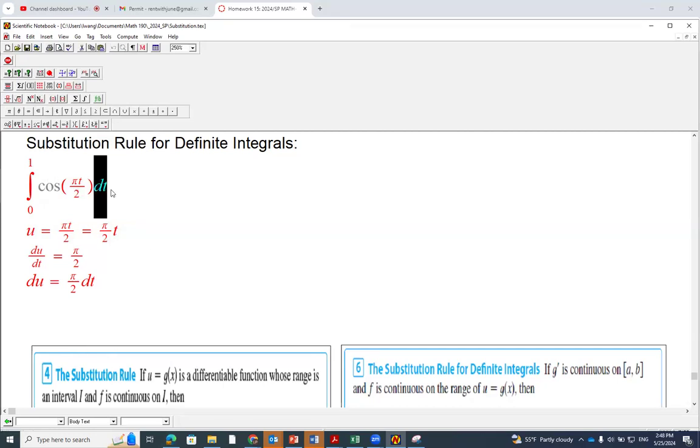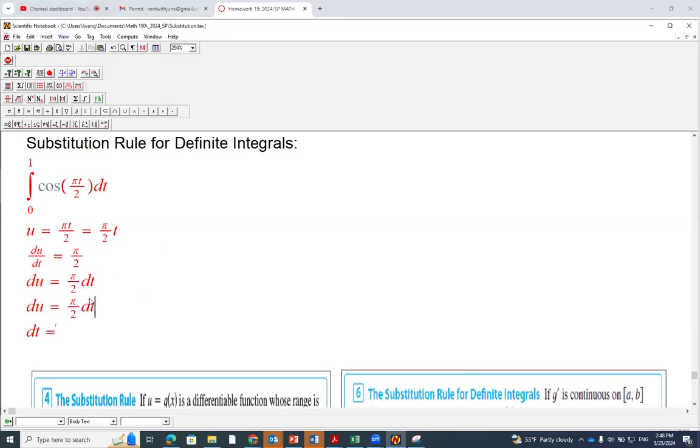This time, I'm going to solve for dt. I want to isolate dt, so I'm going to multiply both sides of this relationship by the reciprocal of pi over 2, which is 2 over pi.